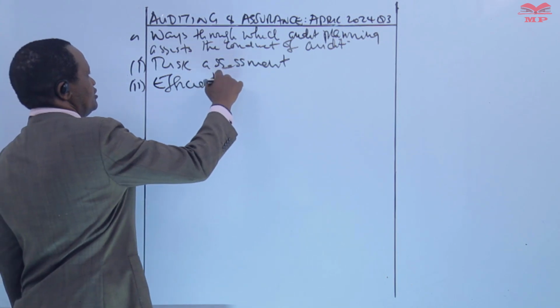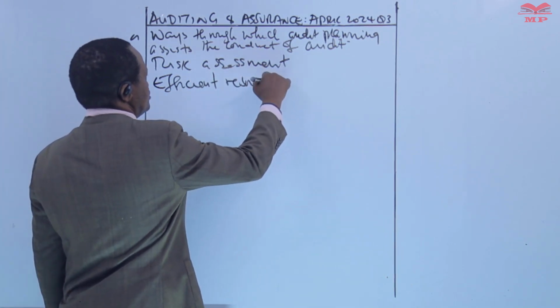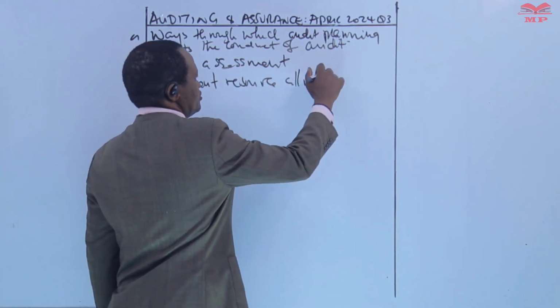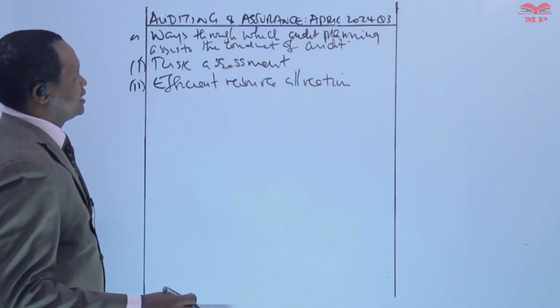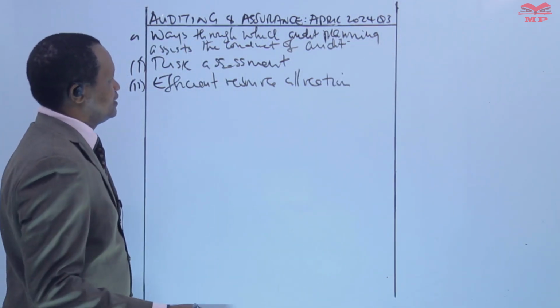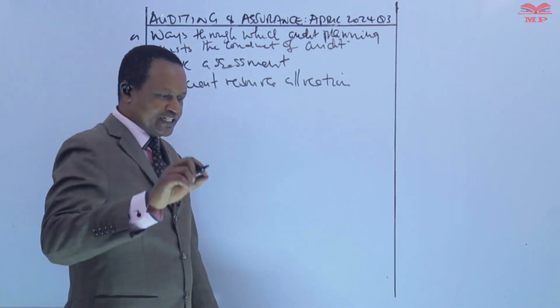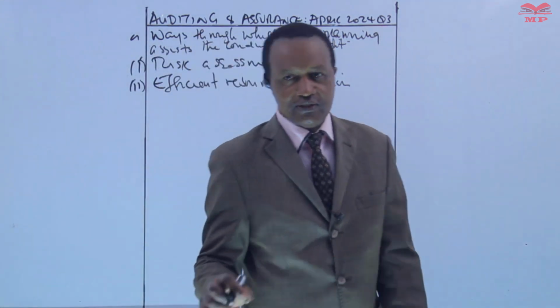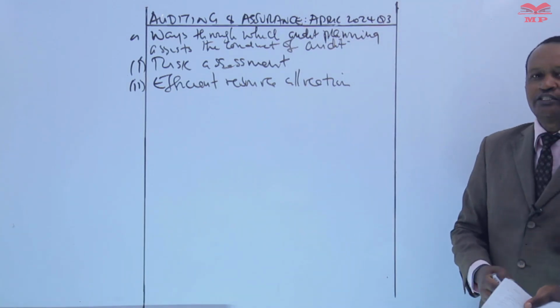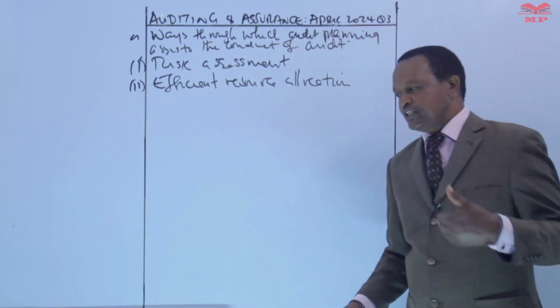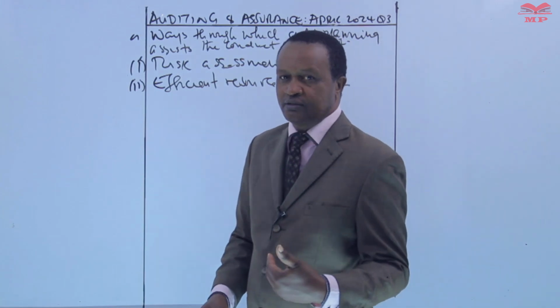Efficient resource allocation. An audit plan can assist the auditor to efficiently allocate resources. Planning enables auditors to allocate resources efficiently and effectively.